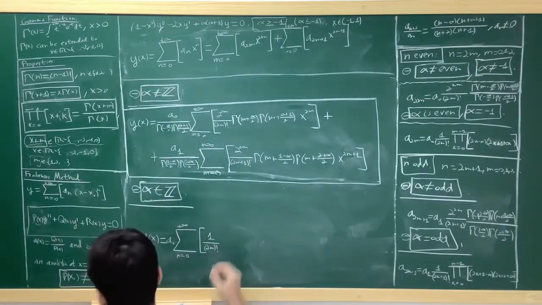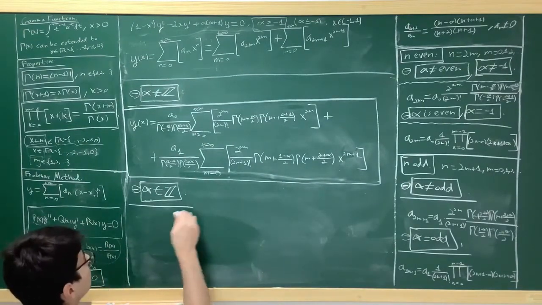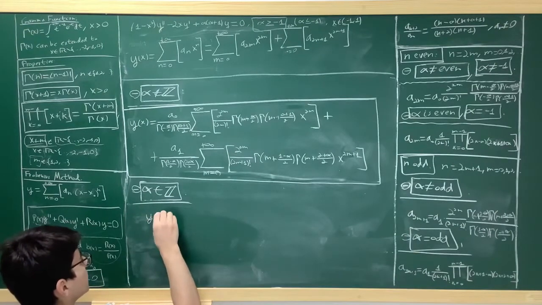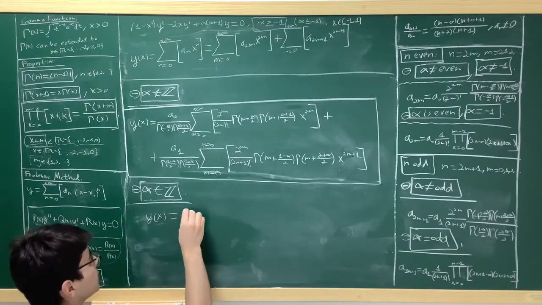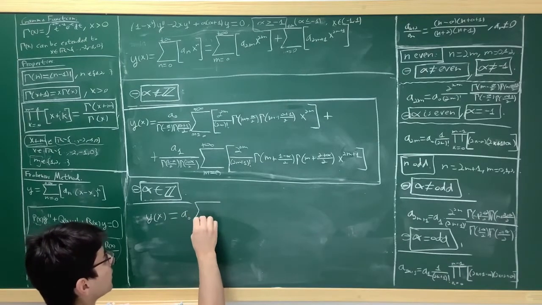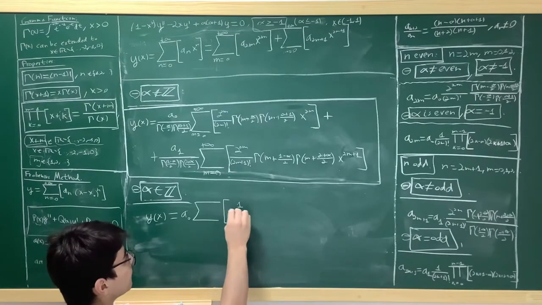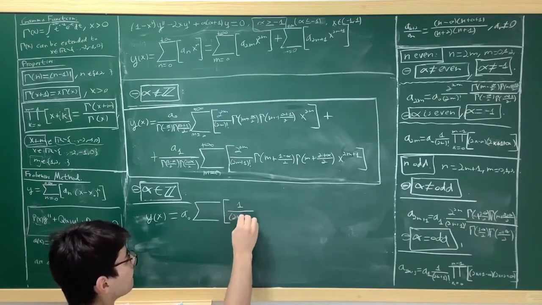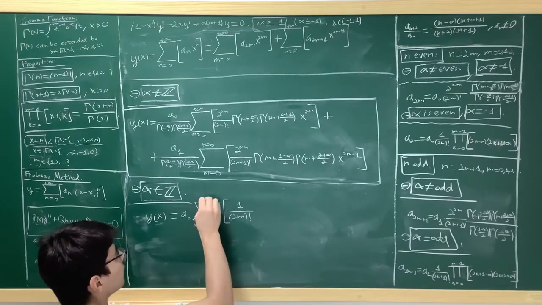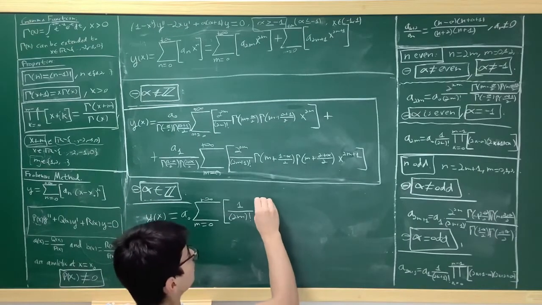Actually, let me just write it a bit higher. So y of x is just A naught times this sum. Now we have to include the product.